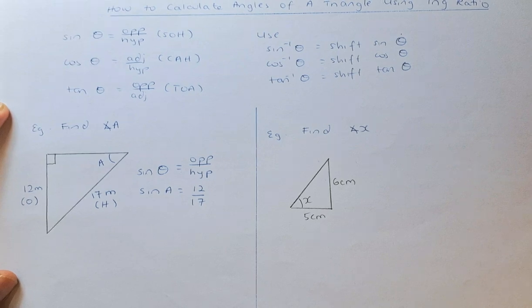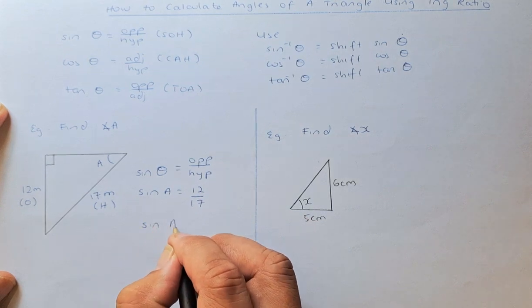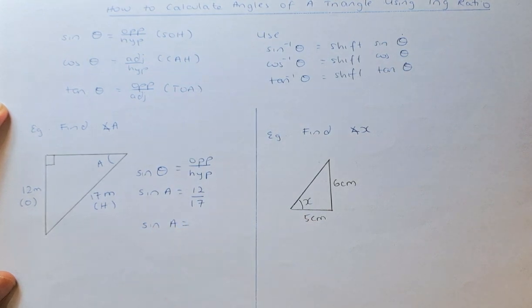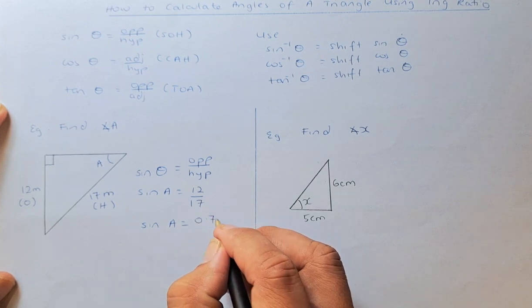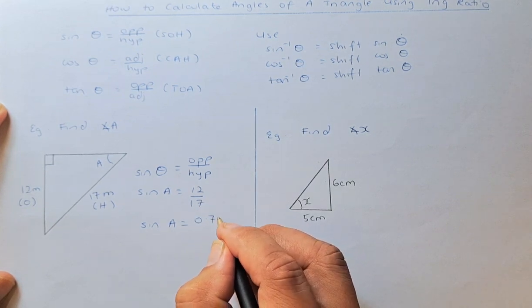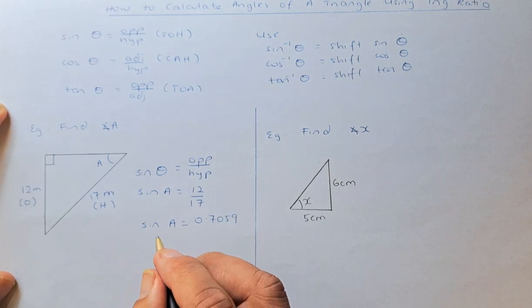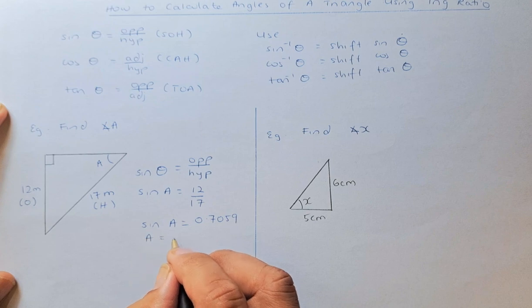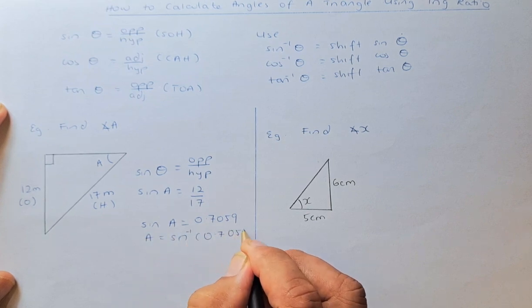Now is the crucial part. To find angle A, you need to calculate the sine of A first. Use the calculator. 12 over 17 is going to be 0.7059. Now, to get A, you have to put sine inverse of 0.7059.